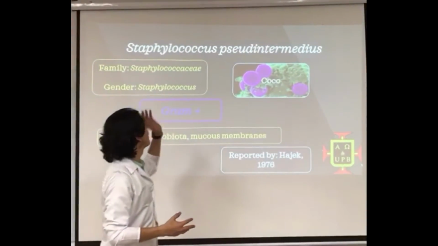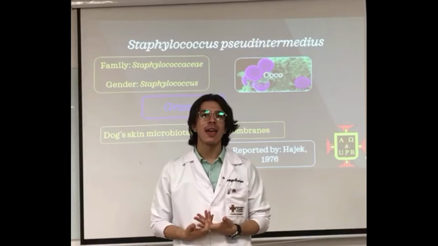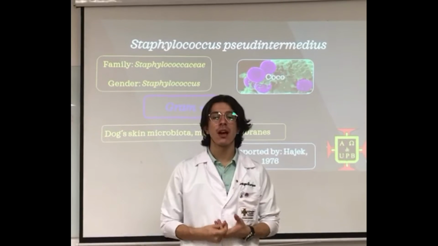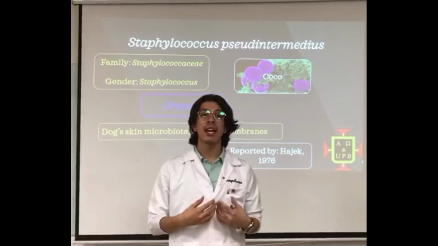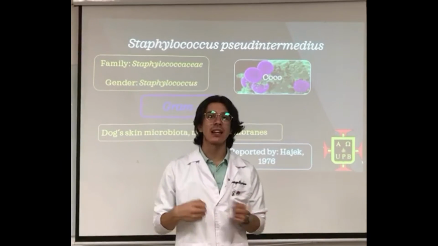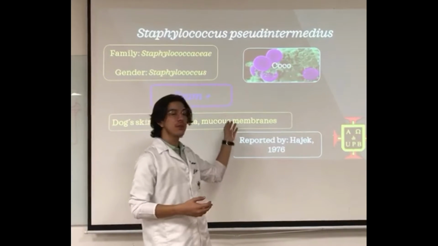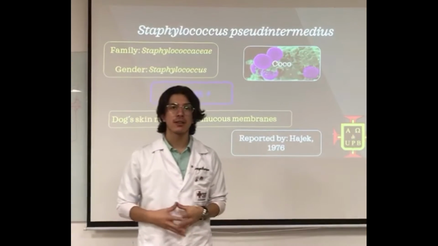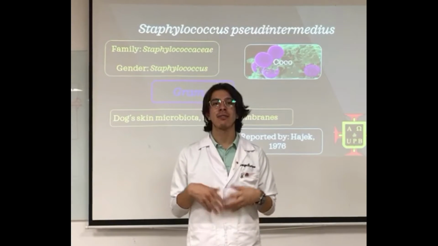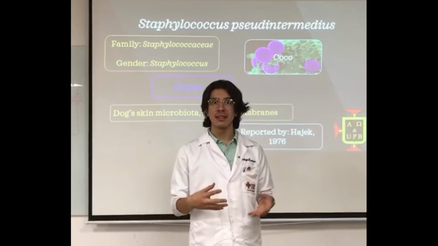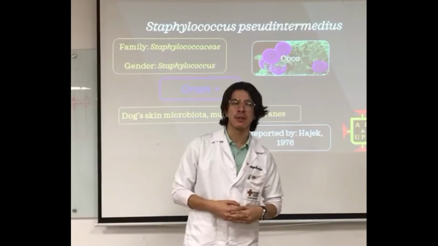First, let's talk about Staphylococcus pseudintermedius. Although Staphylococcus pseudintermedius are common bacteria of dogs, they are also opportunistic pathogens, being the primary cause of dog skin and ear infection. Recently, more attention has been given to this microorganism because science has been discovering resistance to methicillin and some antimicrobial treatments.